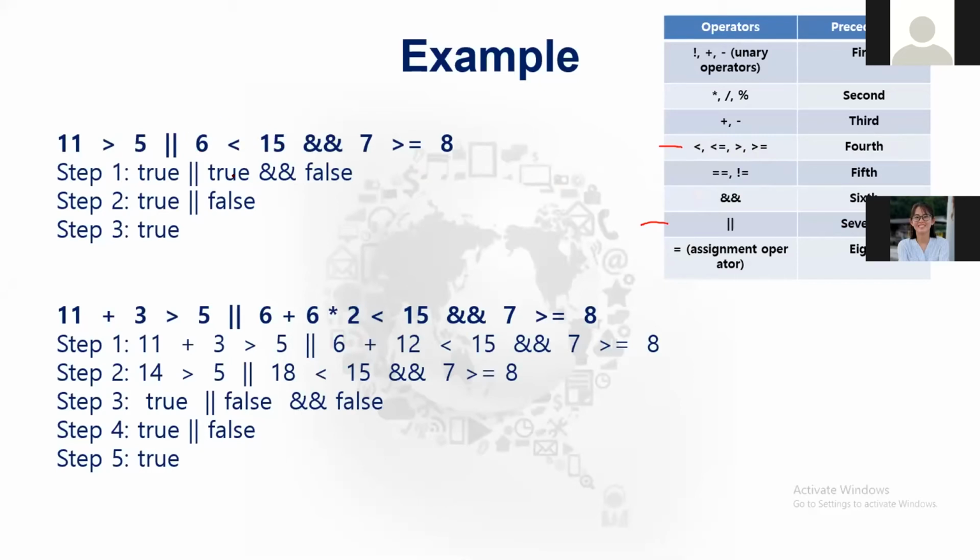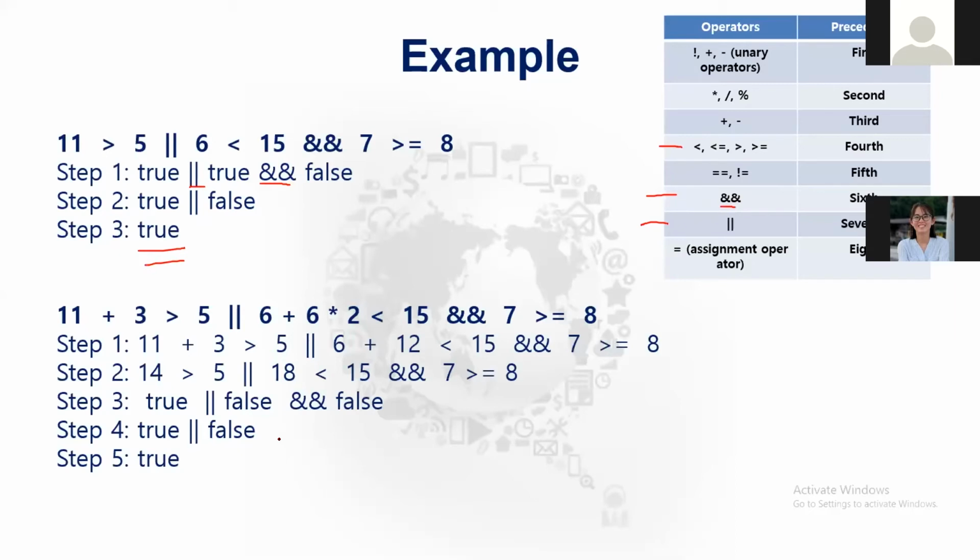Is it true? Yes. And this one, is it true? No, it's false. Then only you come down. So now you are comparing this with this. So which one first? Of course, it's this one, right? So it's the and and also the or. You compare the and first, then only you compare the or. So at the end, you get a true.